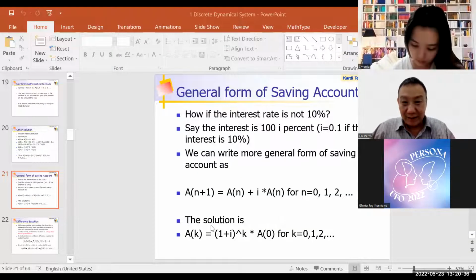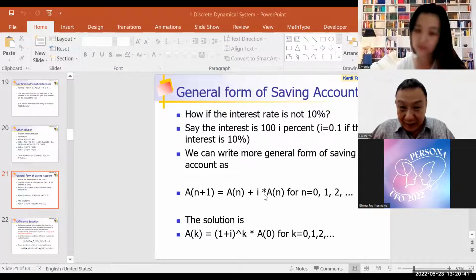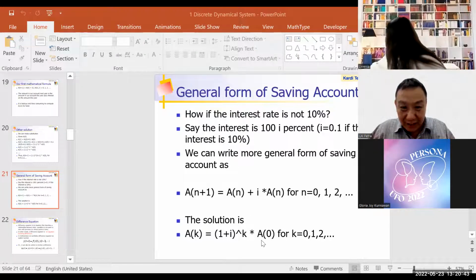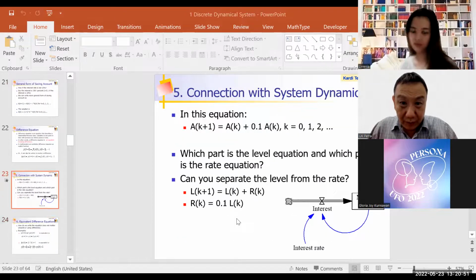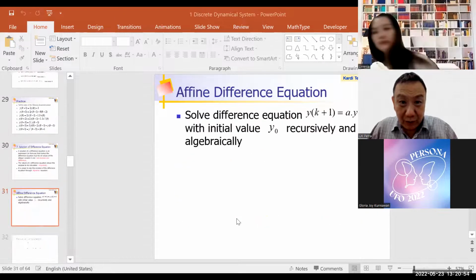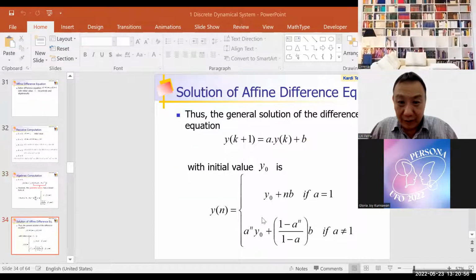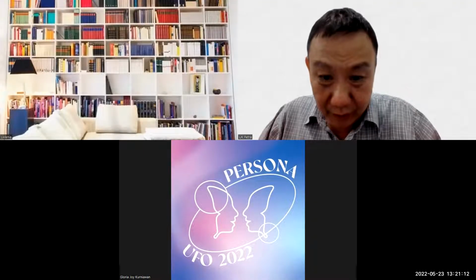The way I wrote it is different, but it's exactly the same. So the solution of the first order difference equation is this one. So we already know that: a exponent to n of y0. With that, we can solve this equation.